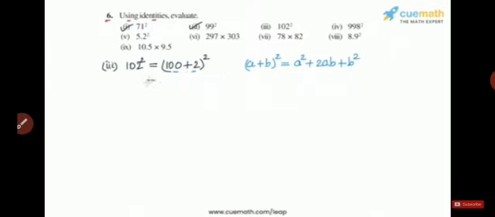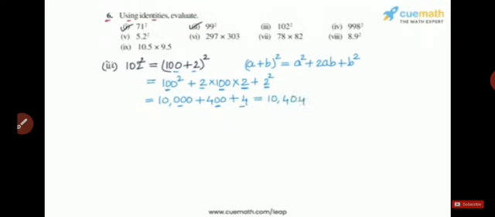Then we write it 100 square plus 2 × 100 × 2 plus 2 square. Then 1, 4 zeros plus 400 plus 4. And add all these terms. We get the square of 102, 10,404. That is the answer.